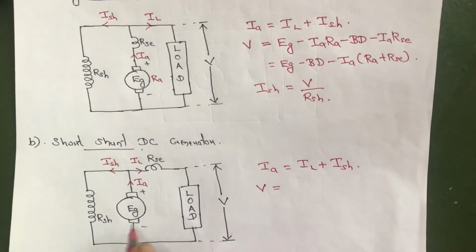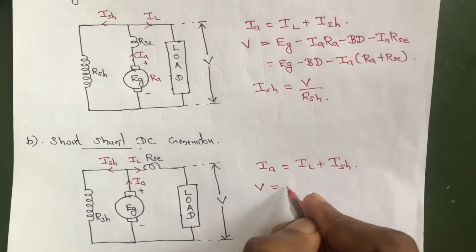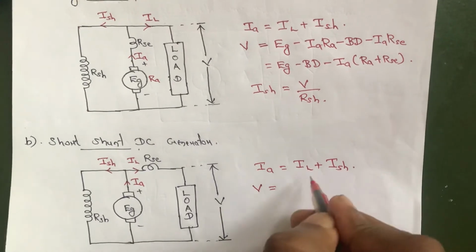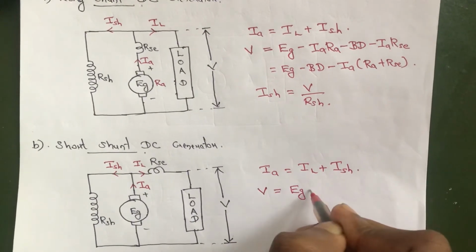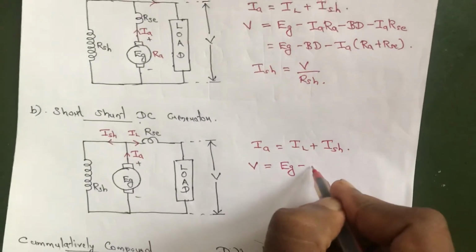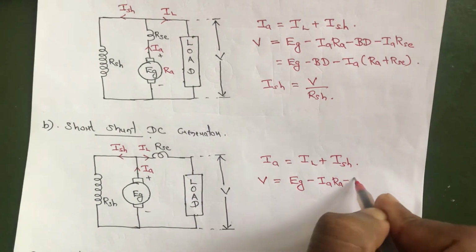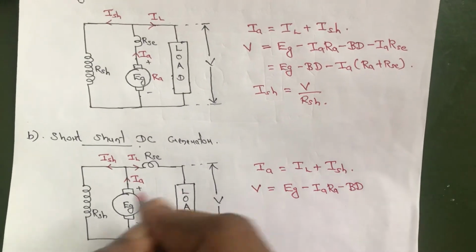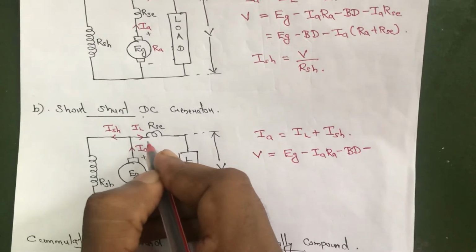Now we have to write the terminal voltage equation. V will not be equal to EG, some voltage drop will be coming. So V equals EG minus the first drop due to armature resistance, IA RA drop. Next there will be some brush drop, minus again here also some resistance is coming.